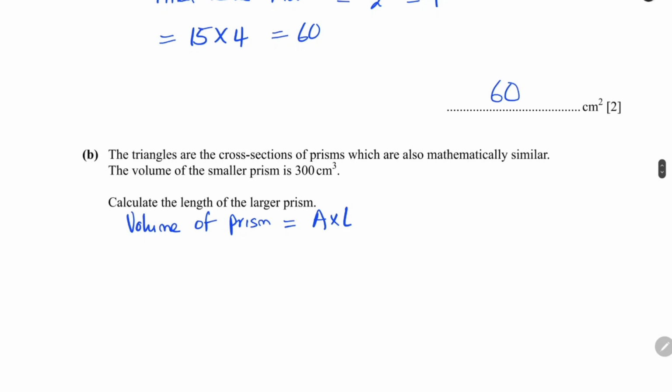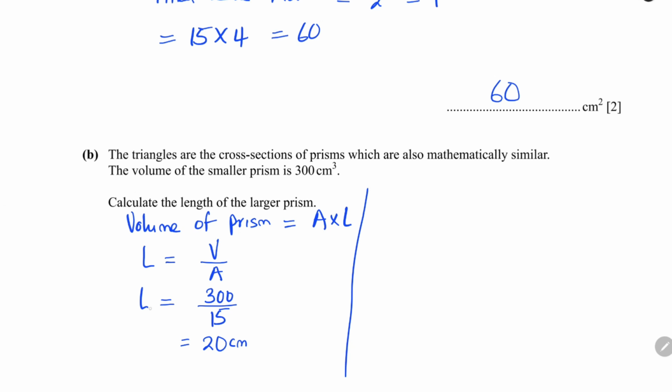So to find the length of the smaller prism, length will be given by what? Volume over area. So the length of the smaller prism is the volume, given as 300, divided by its area, which is 15, and that gives us 20 centimeters.